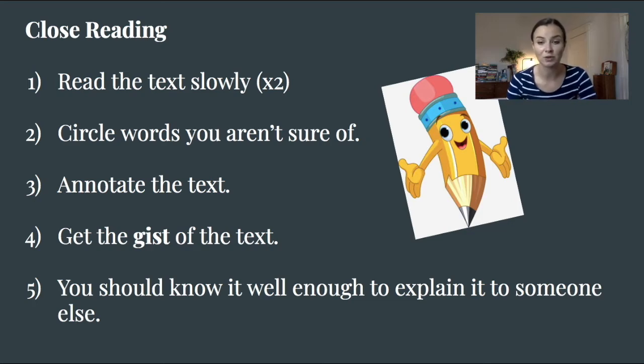I'll give you that as a vocabulary word soon. And number 5, you should know it well enough to explain it to someone else. The best way to master something is to try to teach it yourself. So, I want you to be able, that was my dog snoring. I want you to be able to read a text in a way that you remember it, grasp it, and could actually teach it to somebody else.